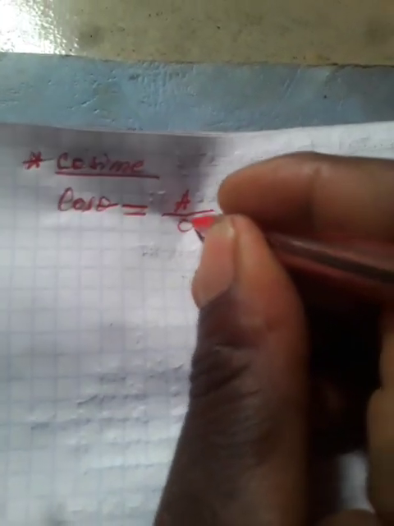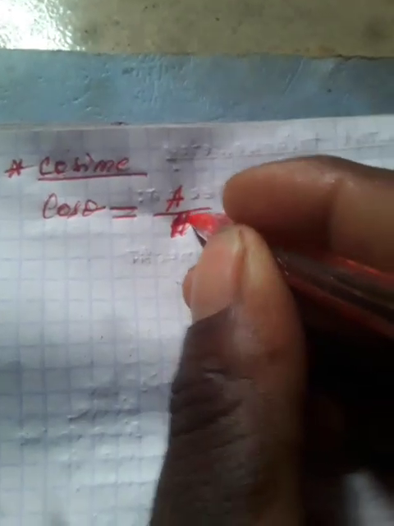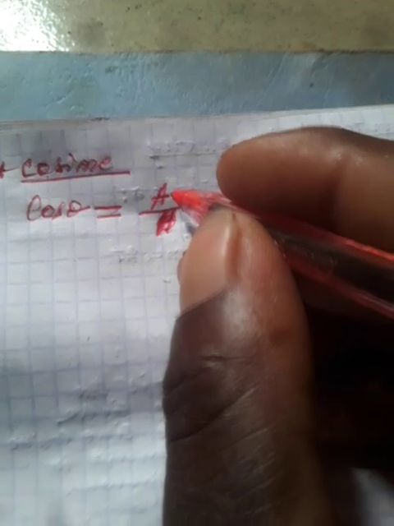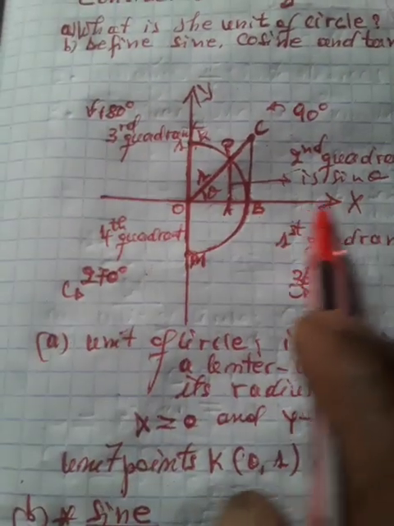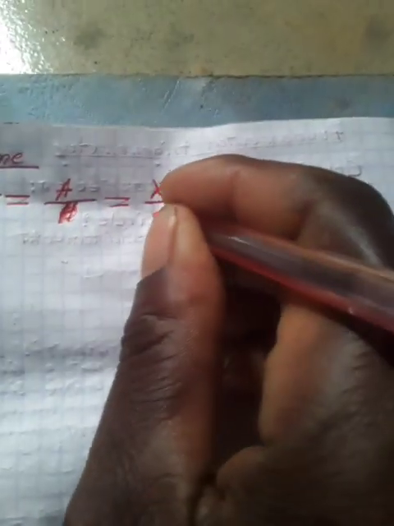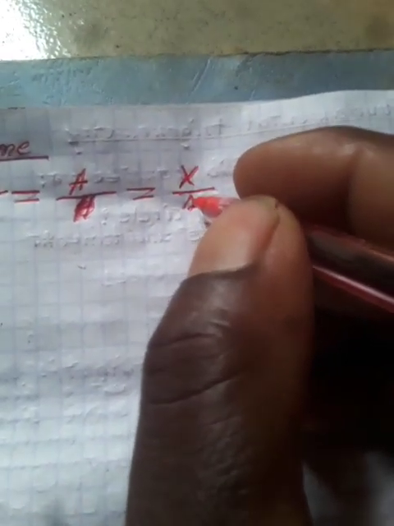Cos theta is equal to adjacent over hypotenuse, and adjacent is equal to x. Cosine is equal to x over the hypotenuse, which is 1 because the radius is 1, so it is equal to x.